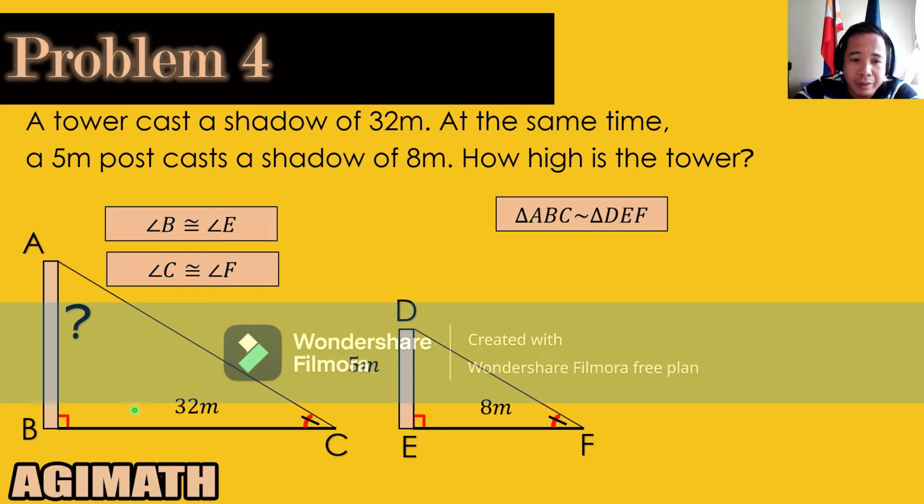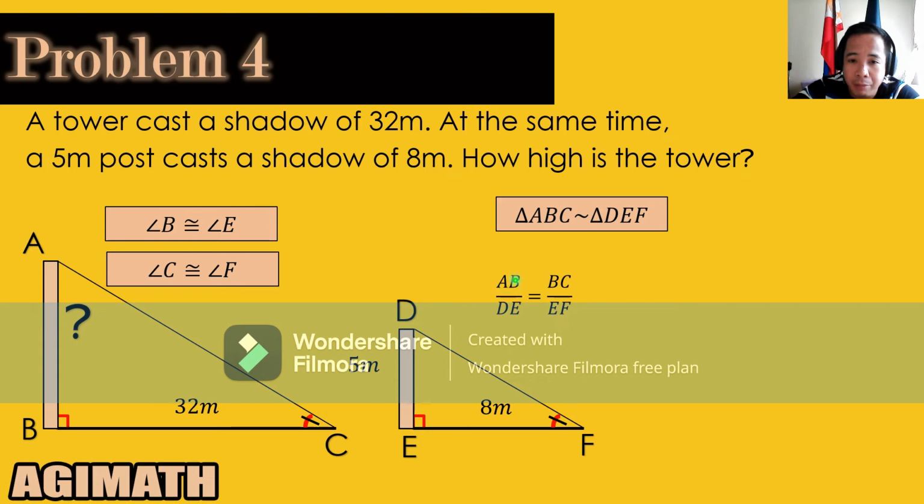When two triangles are similar, or any two polygons are similar, it follows that their corresponding sides are proportional. Meaning if we make a ratio of their corresponding sides, for example AB, which corresponds to DE, the ratio AB over DE should be equal to BC over the corresponding side, which is EF.